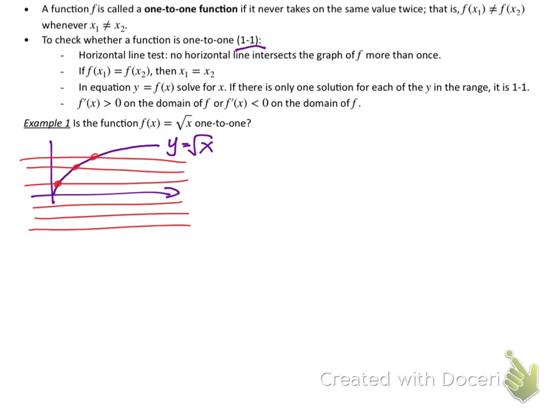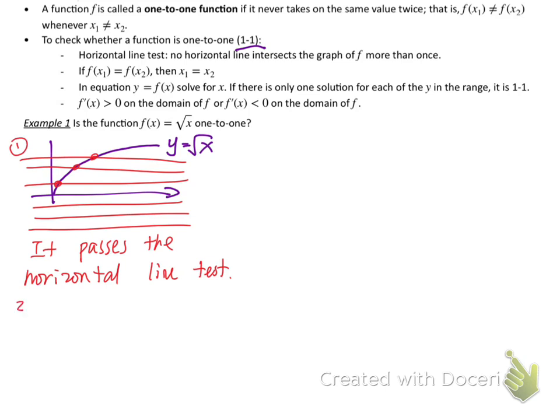The horizontal line either does not touch our graph or only meets it once. So it passes the horizontal line test. And if it passes the horizontal line test, it is a one-to-one function. That's my first way.